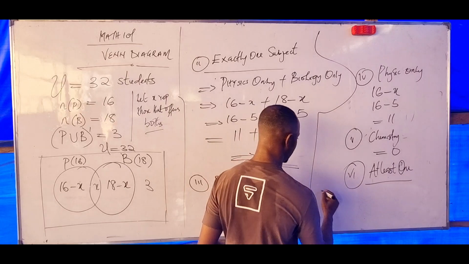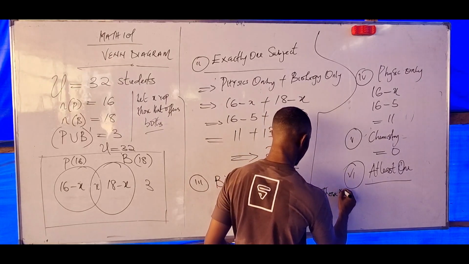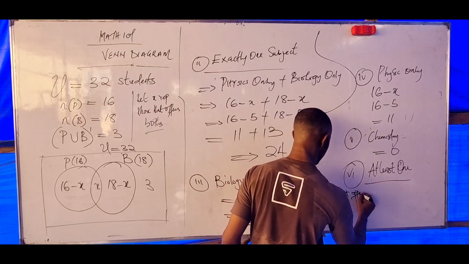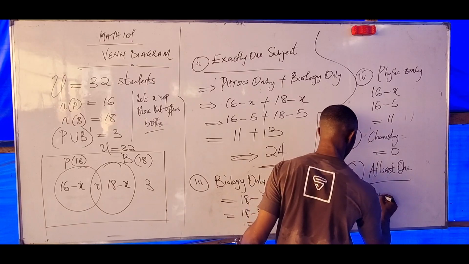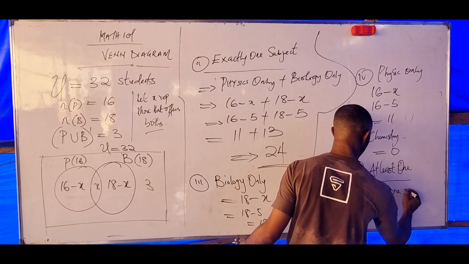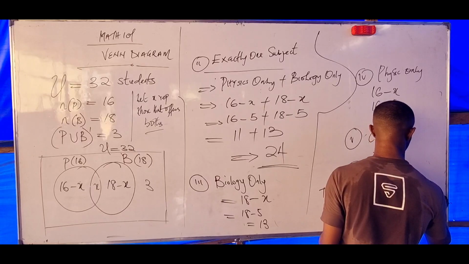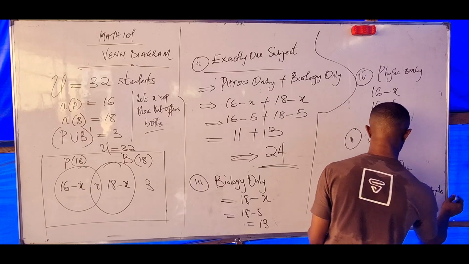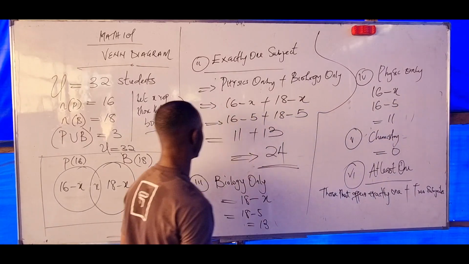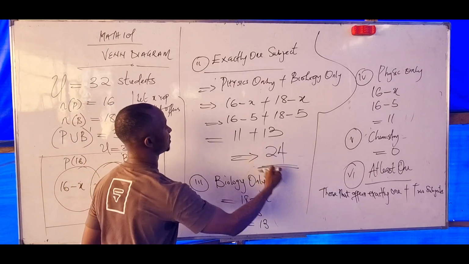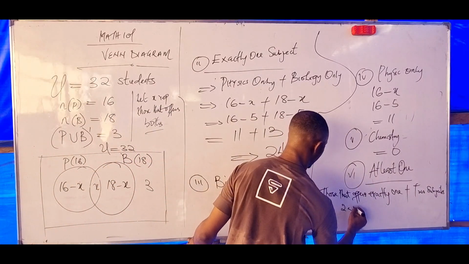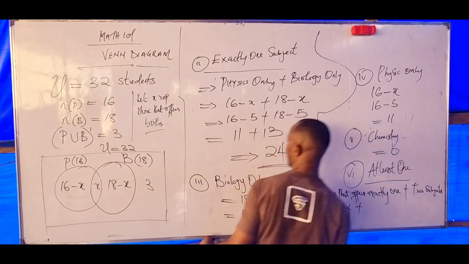So at least 1 means those that offer exactly 1, plus 2 subjects. Is that not so? For exactly 1, what do we have here? 24, right? 24 plus what about 2 subjects?